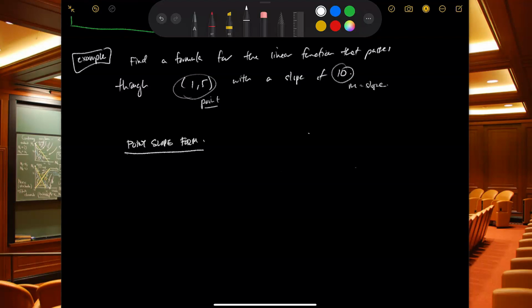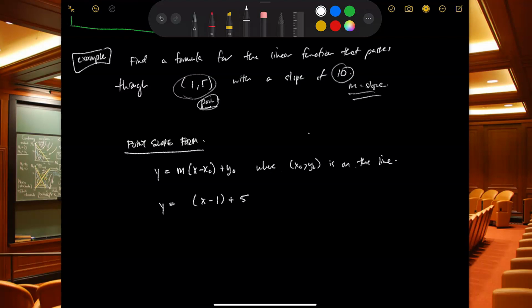Which looks like this. y equals m times x minus x naught plus y naught. Again, either or, if it's x1, y1, or x naught, y naught, doesn't matter. You could even use a and b. That's how it's written in some places as well. But, so we know x naught, y naught is a point on the line. So here's my point, x naught, y naught, x minus 1 plus 5, and then my slope is 10.